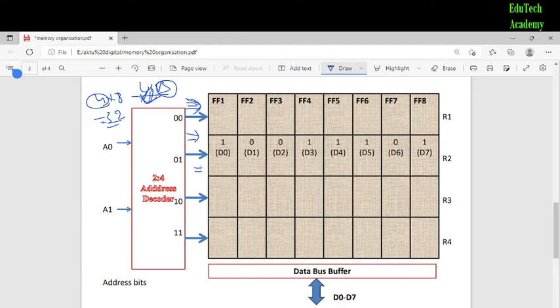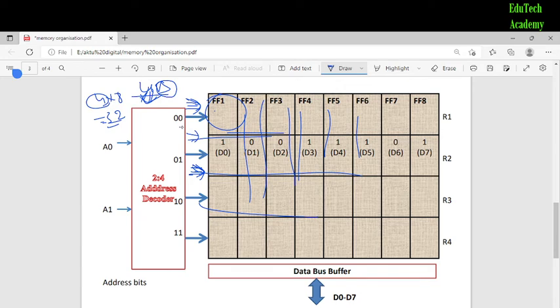To activate a particular register, the microprocessor generates the address of that register. In the next lecture, we will discuss in detail the address of the memory and how the microprocessor generates the address to access a particular register of the memory chip. Thus, this is a matrix structure. Here, there are 4 rows, each row has 8 columns, and each cell represents one flip-flop.